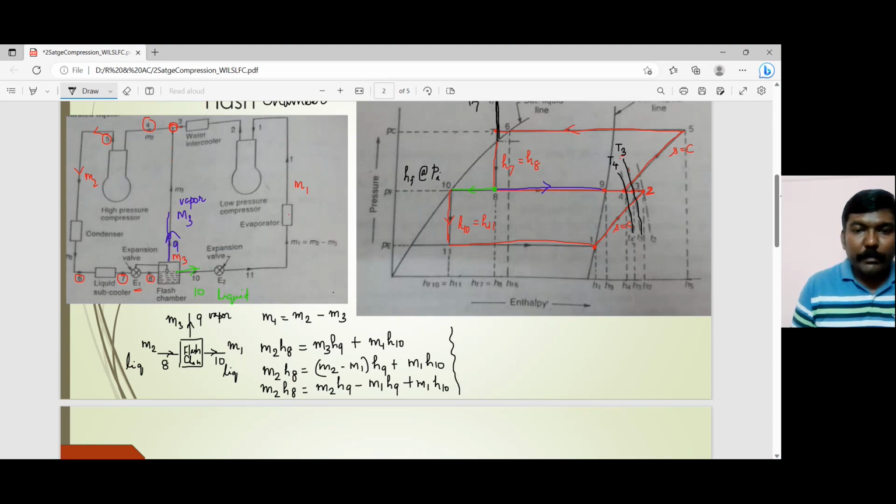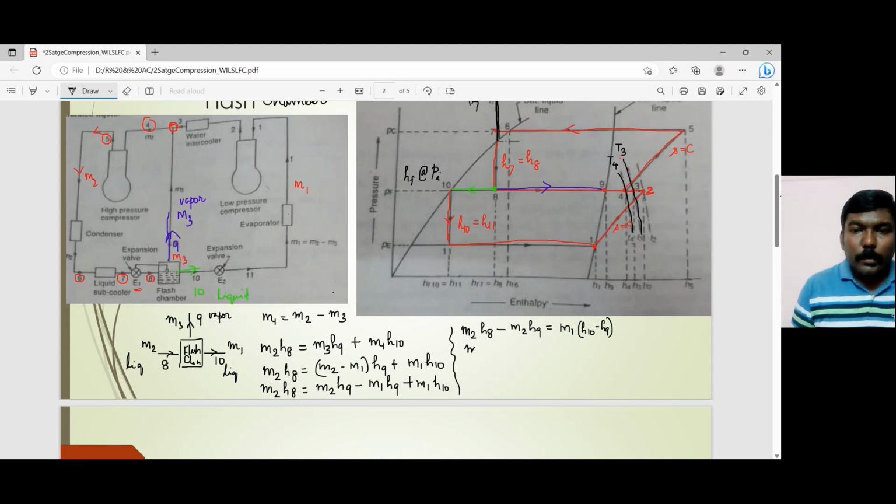And if we further simplify by taking M2 on one side, M2H8 minus M2H9 is equal to M1 times (H10 minus H9).